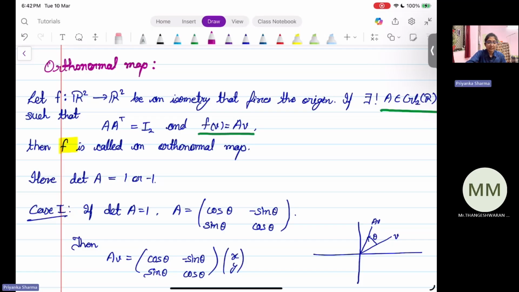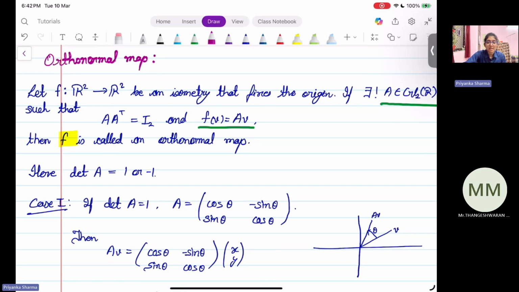And here we are taking AA transpose as I2 and this A is coming from GL2(R), then obviously the determinant of A will be either 1 or -1, because the determinant of A and the determinant of A transpose are the same. So this will be the determinant of AA transpose, which is the square of the determinant of A, and that is the determinant of I2, which is 1.